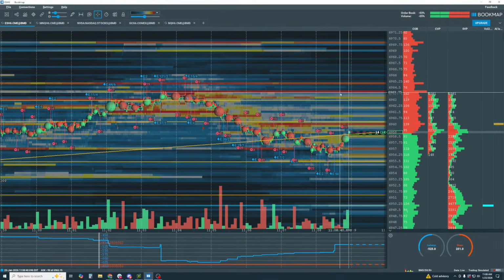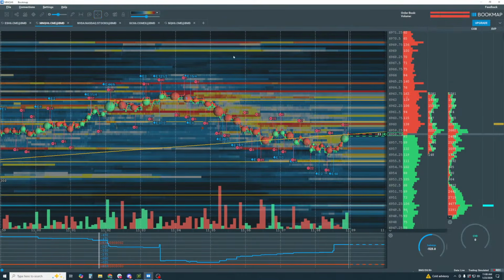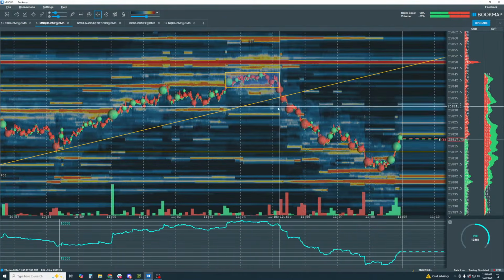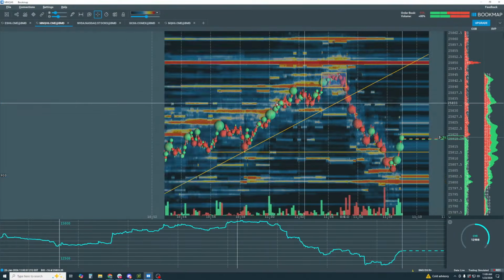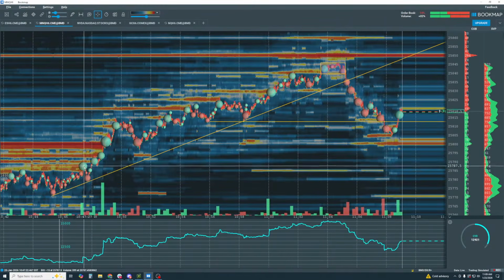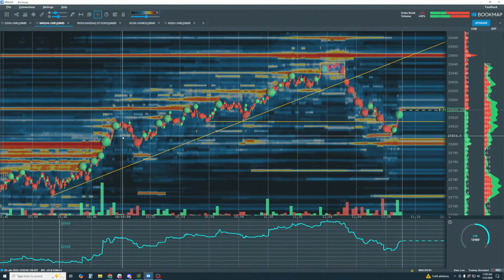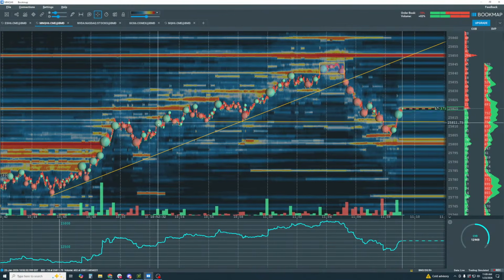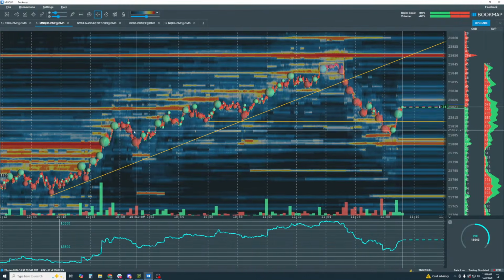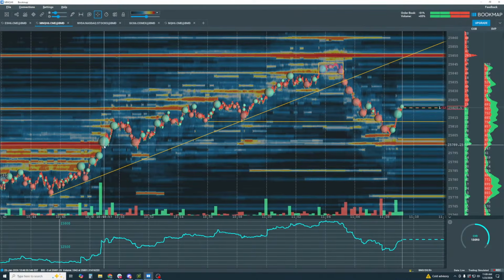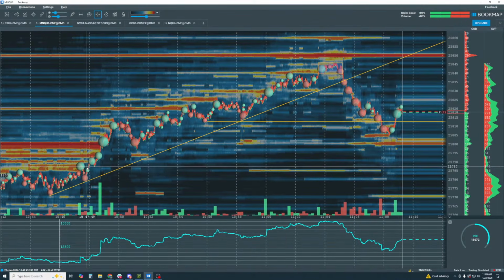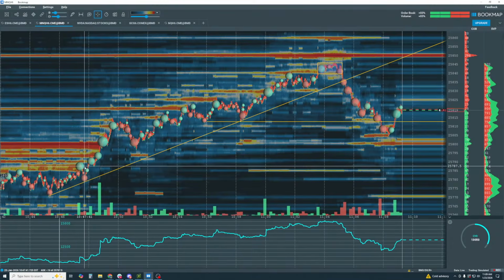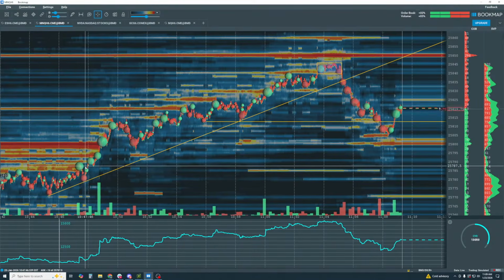25,804 was the impulse. Let's take a look here. So right around in here, I think. Well, I'm showing kind of, I mean, the bigger impulse move broke out here, is what I'm seeing.